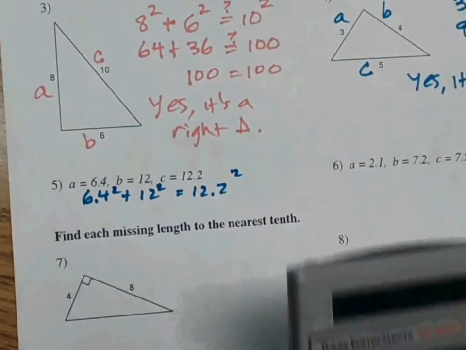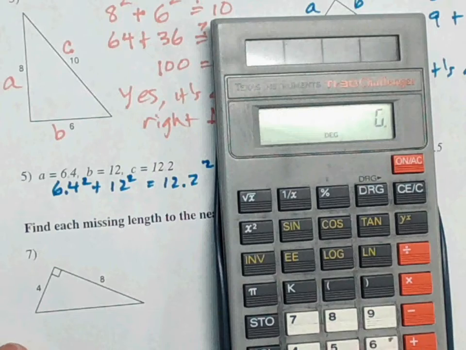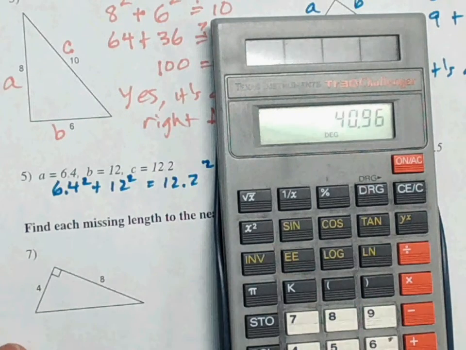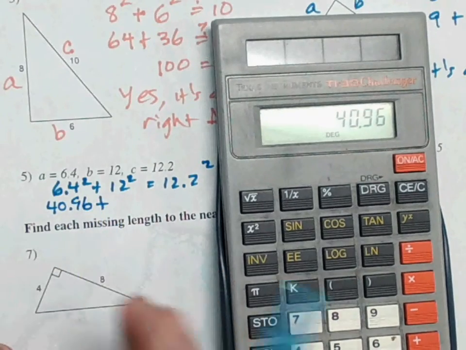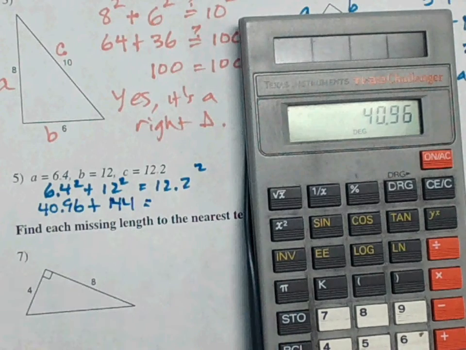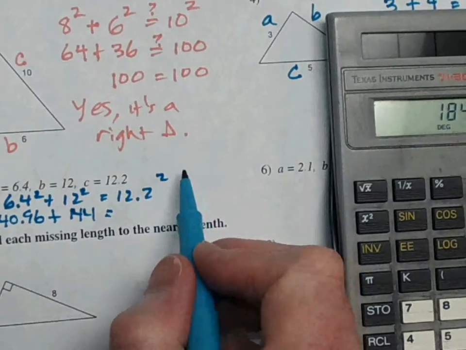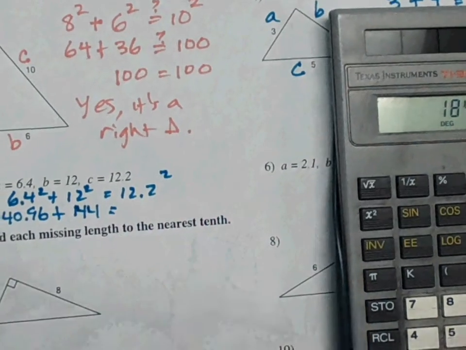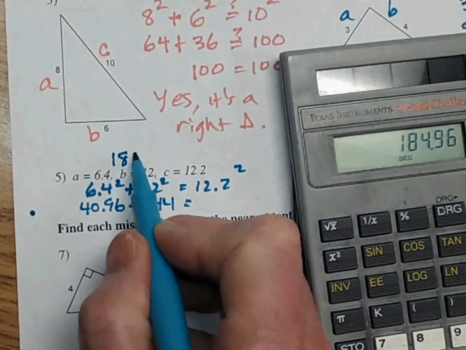So here, this is where I'm going to use my calculator. 6.4 squared is 40.96. 12 squared I know is 144. Let's just add those together. And I get 184.96.